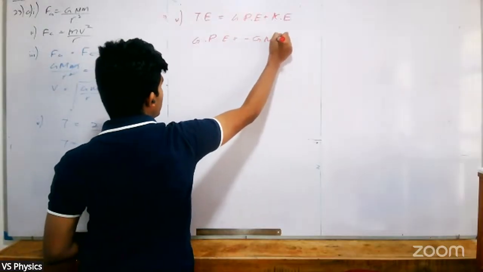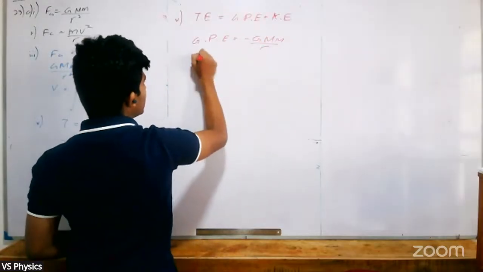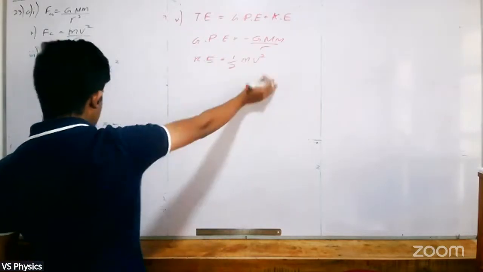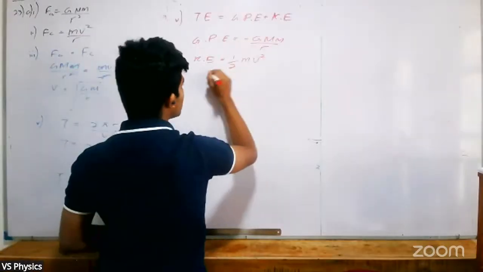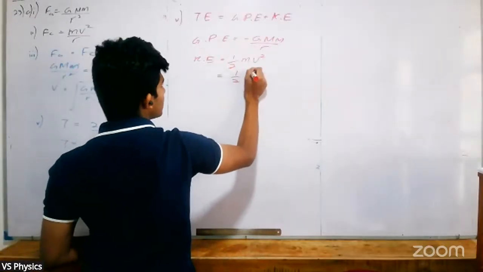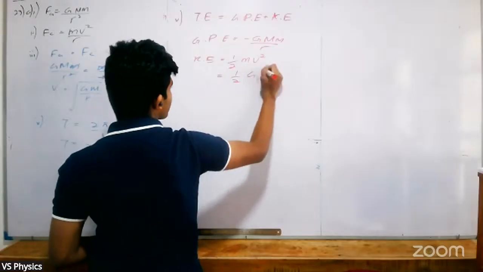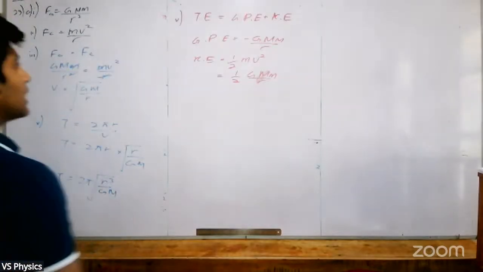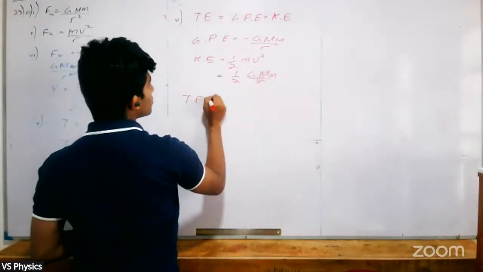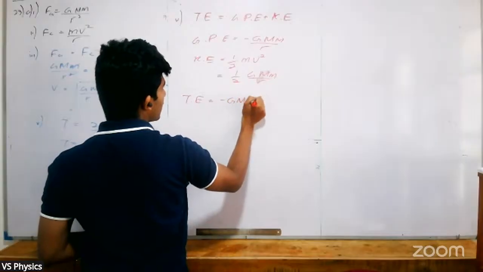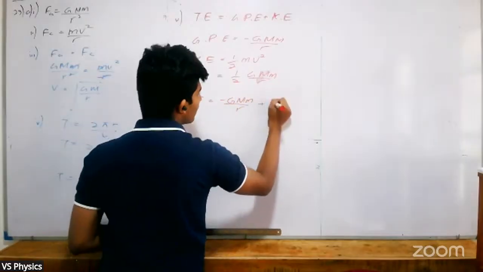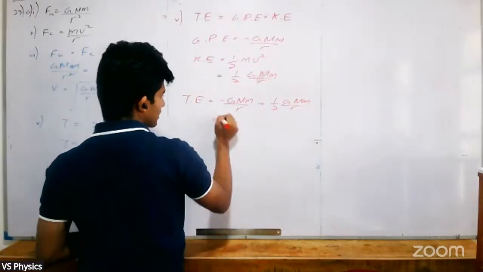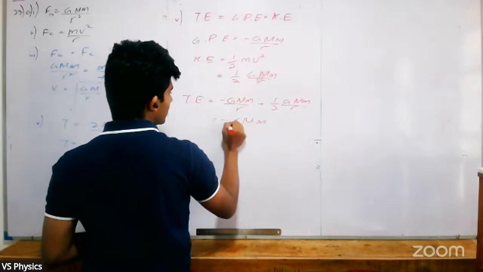Minus GMm over r. Kinetic energy is equal to half Mv squared. Write it exactly like this. Therefore, half GMm divided by r. Now we can write total energy is equal to minus GMm over r plus half GMm over r. We are getting the final answer minus GMm divided by 2r.